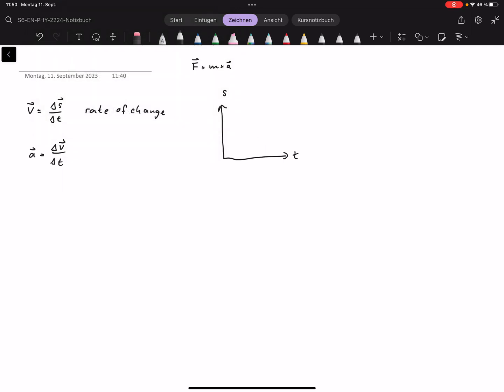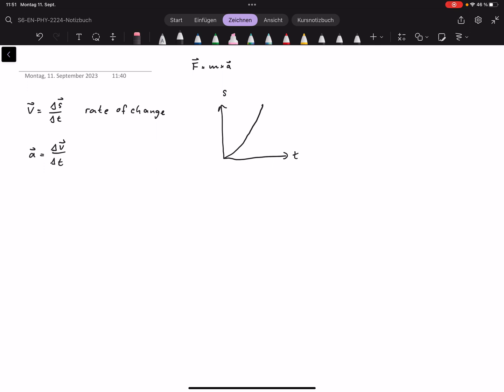So we move on to a motion that is accelerated. For example, this one here. Now, how can we see that this is an accelerated motion? We see that the slope or the gradient of this graph is changing, and that means that the velocity must change, and the change of velocity is called acceleration.